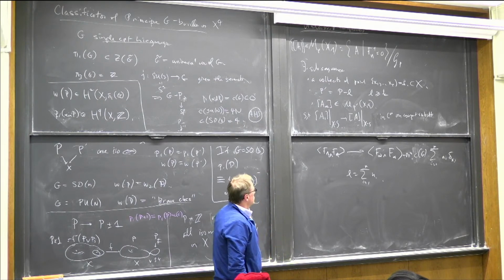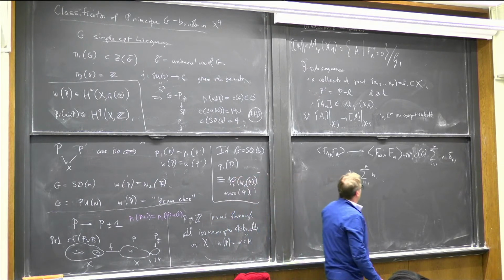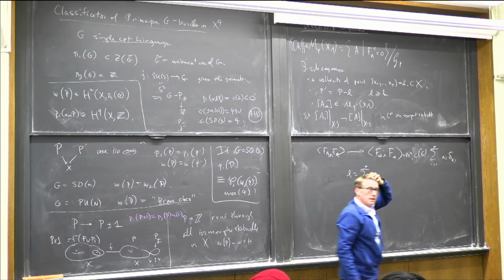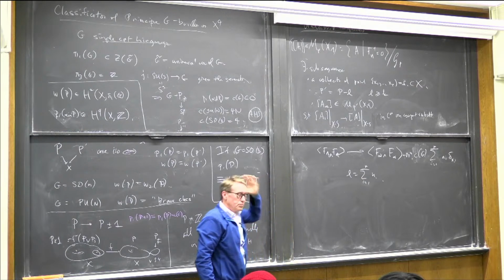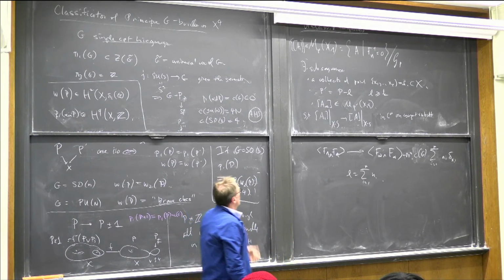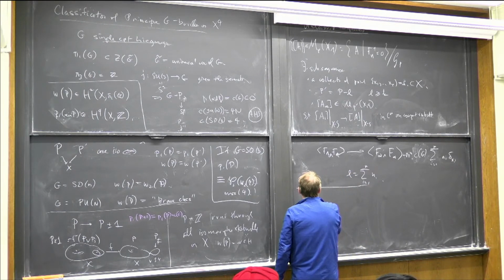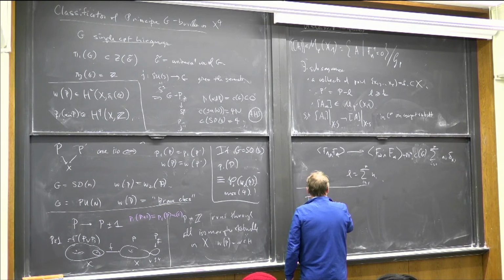So the energy is constrained to be an integral multiple of the minimal energy of an instanton on the 4-sphere for that group. Okay? And then we can introduce the space of ideal instantons.